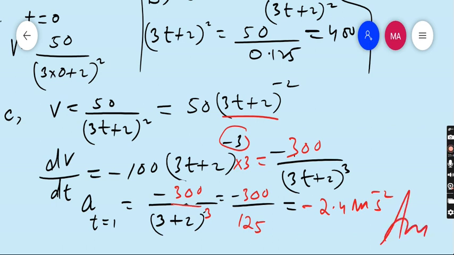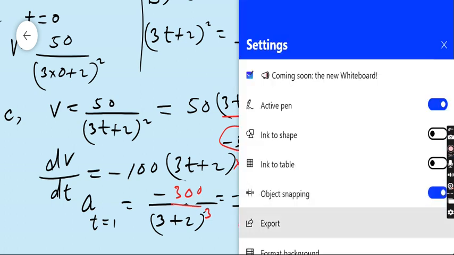So hope you completely understand question number 1. Now move to question number 2. What is question number 2?